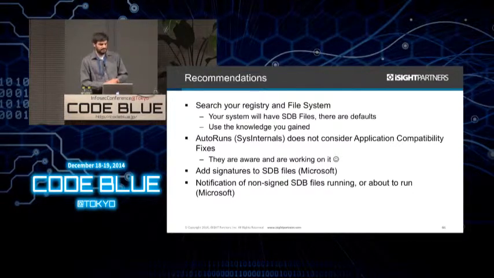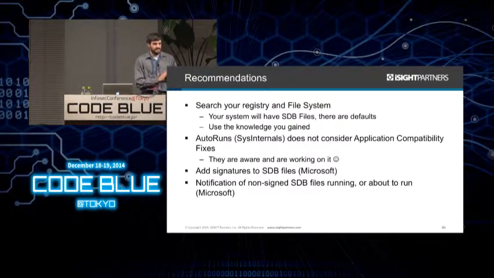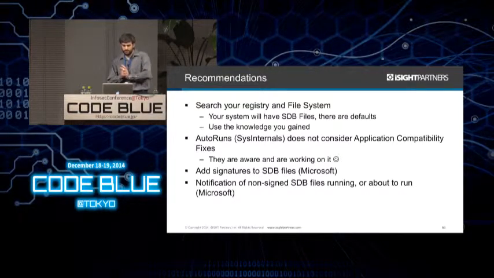The Sysinternals tool Autoruns does not currently consider application compatibility fixes as a method for persistence for attackers, but they're working on it. I spoke with Mark and he emailed me back and said, wow, I'm shocked this didn't happen 5 years ago. And he said he'll try to get something together in a couple months.